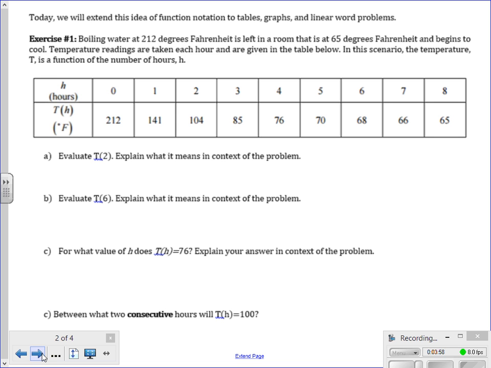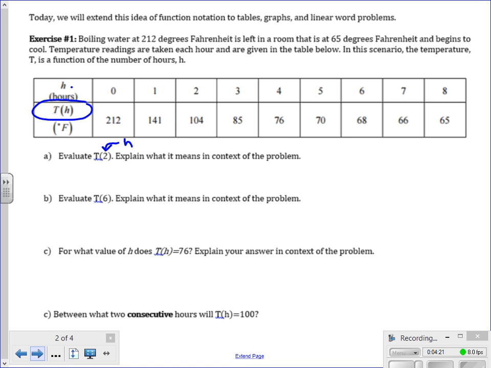Well, 2 is the input here. But this time our input, it's not an x value. If I look carefully right here at this function notation T of h, it looks like h, or hours, is the input. So that 2 in the parentheses this time is an h value, or an hour.